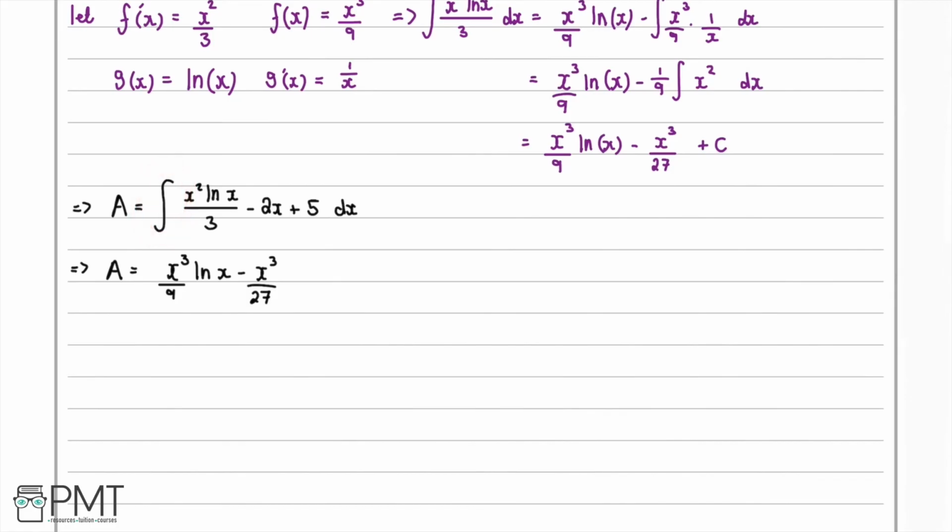So we can now take a look at the term negative 2x. So we need to think, what's this going to integrate to? So we know it's going to integrate to negative x squared. And then we have that 5 is going to integrate to 5x with respect to x. So 5x.